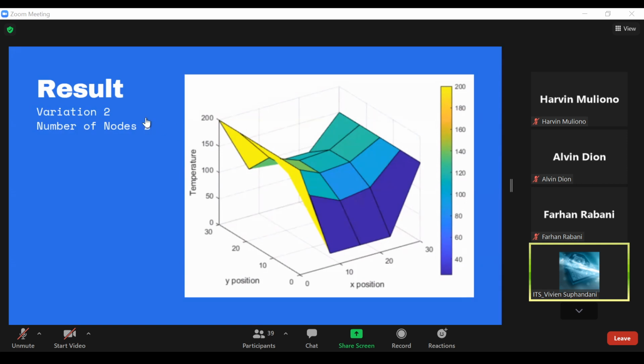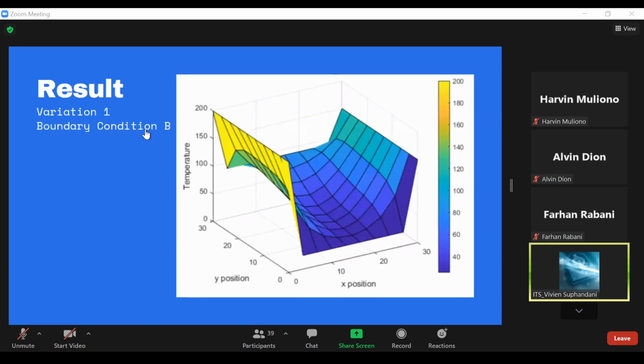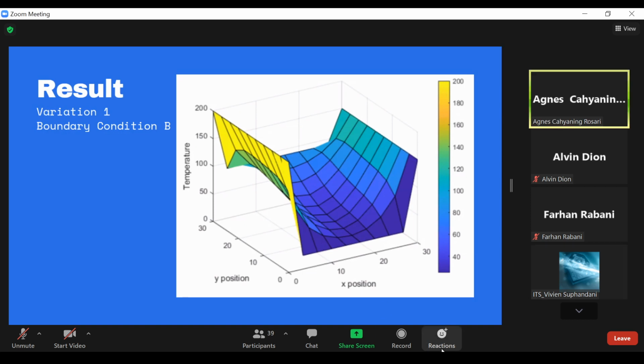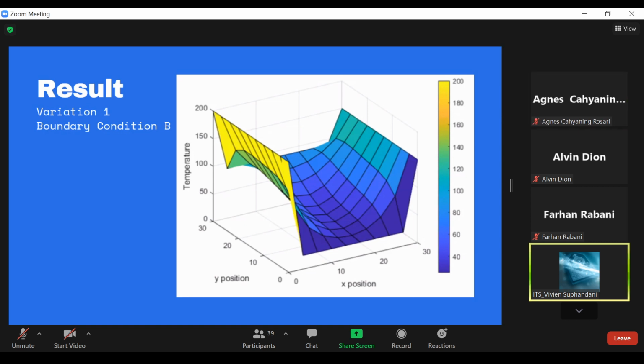And what is the number of nodes that is used in the variation of the boundary condition? Is it 10 by 10? Yes, ma'am, it's 10. Okay, so 10 by 10 using 2 boundary conditions, and then the next variation for the number of nodes.